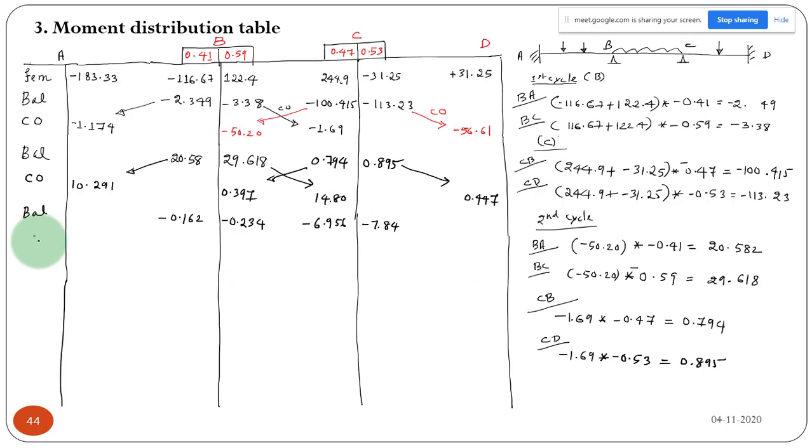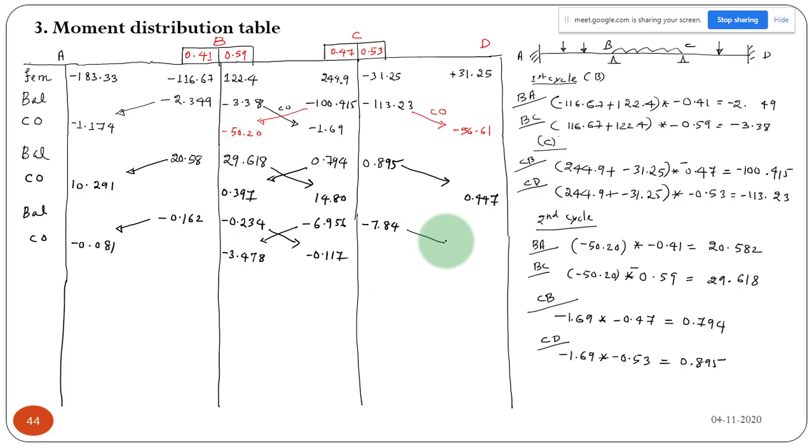So after balancing, again carryover. Half of this moment will go to here, minus 0.081. This half will go to here, and this half will go to here. So what is this value? 0.23 by 2, that is minus 0.117. This value will be minus 6.956 by 2, so that is coming minus 3.478.